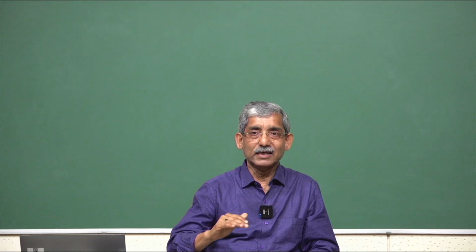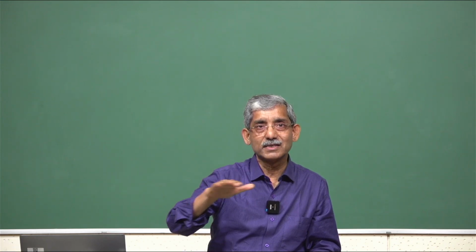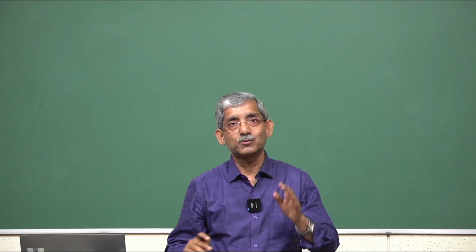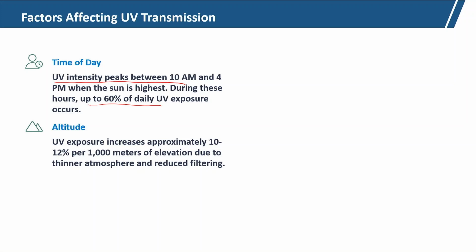And altitude. With the increase in height from sea level, UV exposure increases, approximately 10 to 12% per 1000 meters, per kilometer. So, for every 1 kilometer of elevation, UV exposure increases by 10 to 12%.